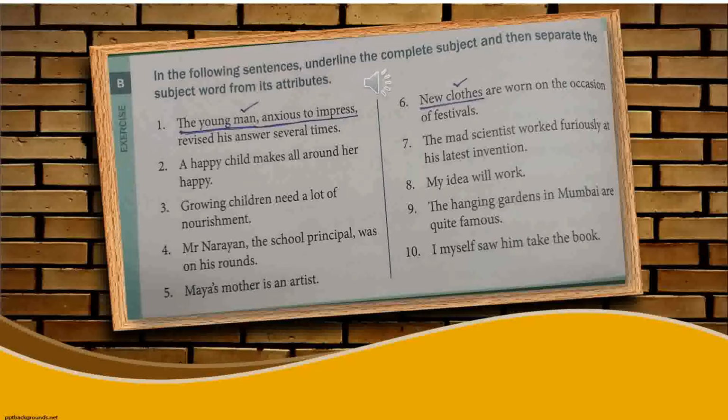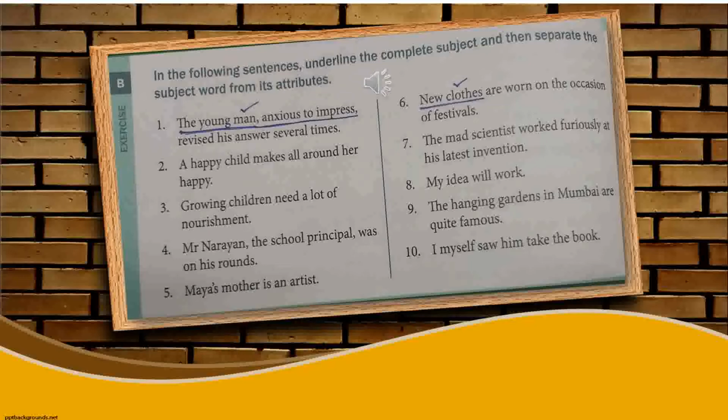And the subject word, as I have ticked, is the most important word here, man. So in the first question, the subject is the young man, anxious to impress, and the subject word is man. And the remaining words, the young, anxious to impress, are the attributes to the subject word.